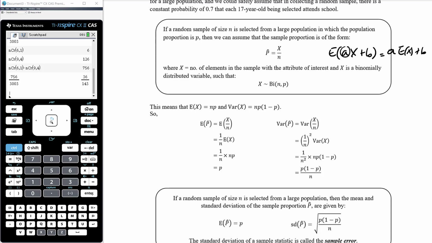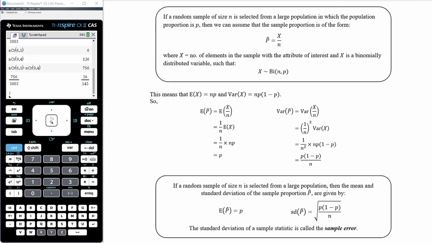So if our a value is 1 on n, what we essentially have here is the expected value of 1 on n times X. And so that is 1 on n times the expected value of X. We know from our binomial distribution that the expected value of X is np, and so therefore the expected value of p hat is p. So that wasn't just a coincidence in the previous example. In a distribution of the sample proportions, the expected value will be the population proportion.